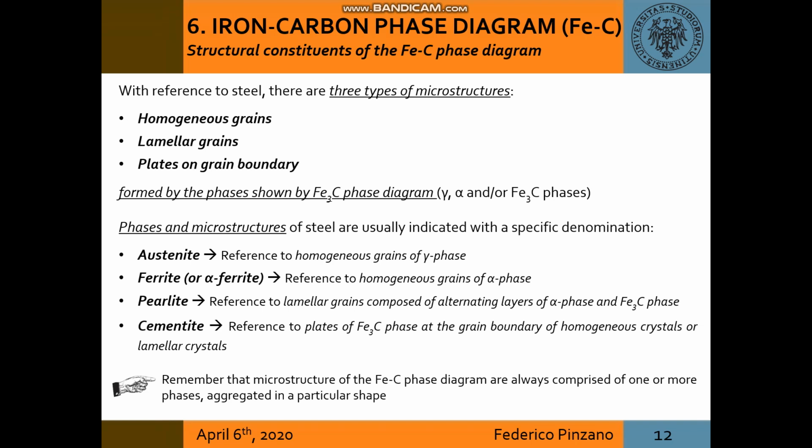From what just seen, it is possible to conclude that there are three types of microstructures: homogeneous grains, lamellar grains, plates on grain boundary.